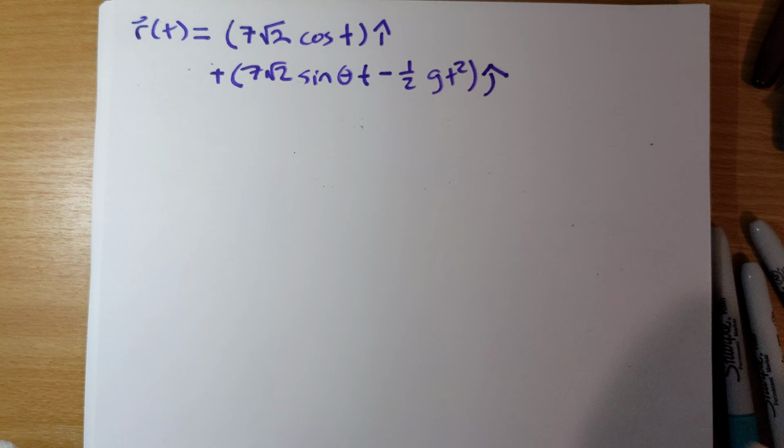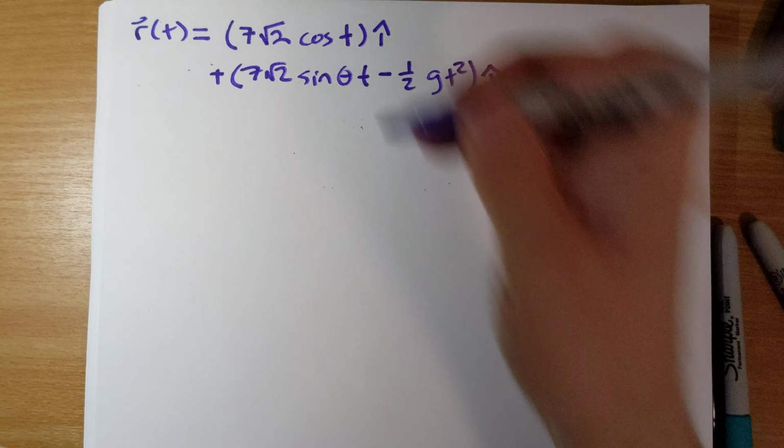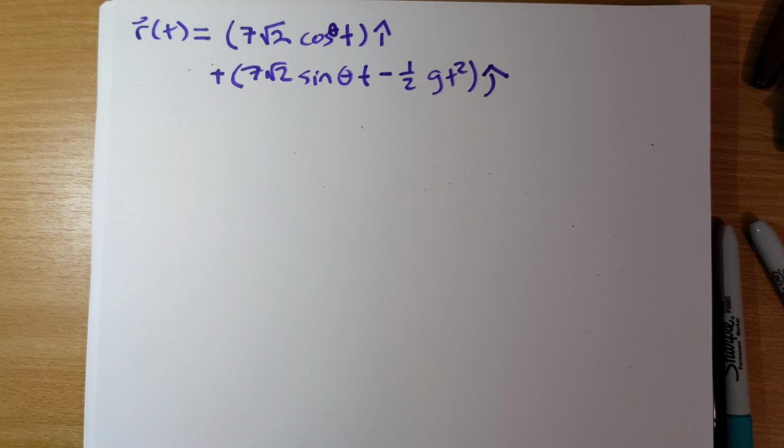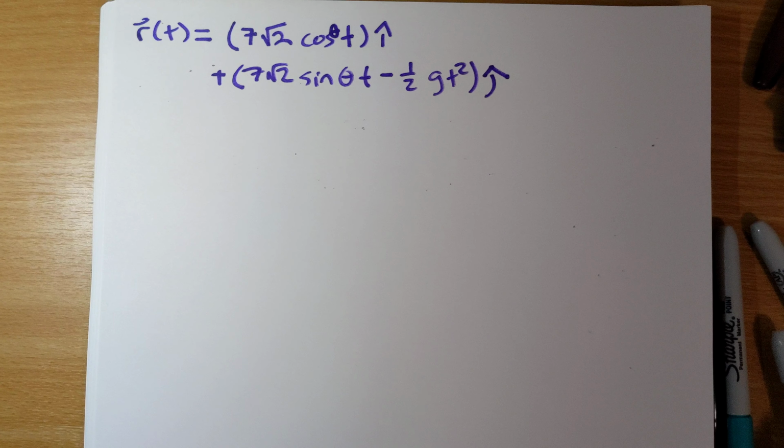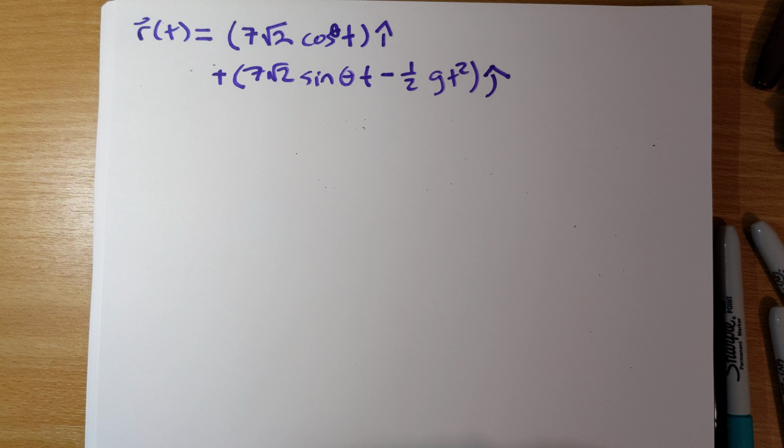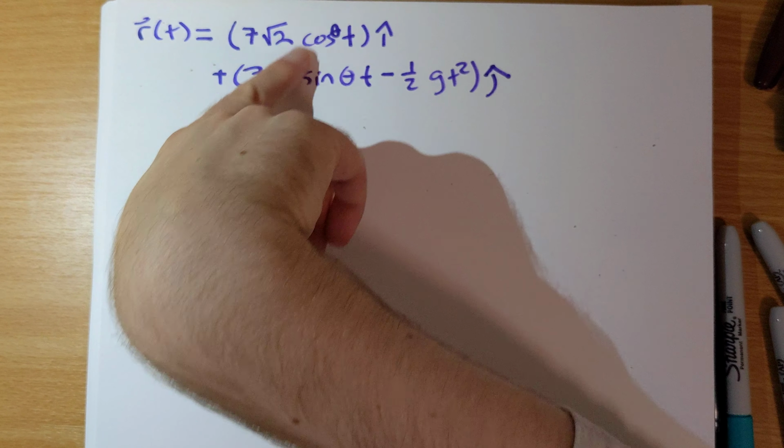And now, oops, I left out cosine theta. Okay, now we have to leave in the cosine theta and the sine theta here, because we are going to be changing this.